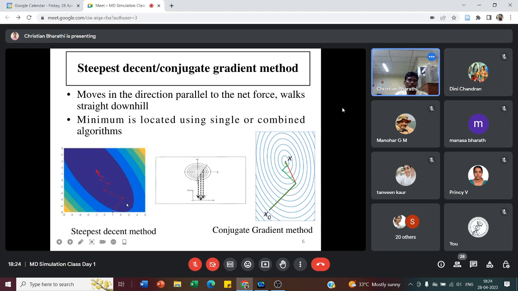Here the position's gradient and the energy's gradient are plotted against the energy function. If the starting gradient is here, its potential is maximum, and as the molecule moves, its gradient changes, so its potential is also changing.